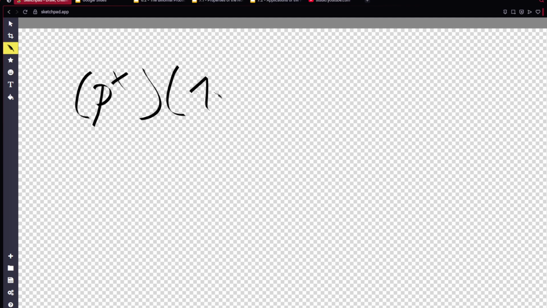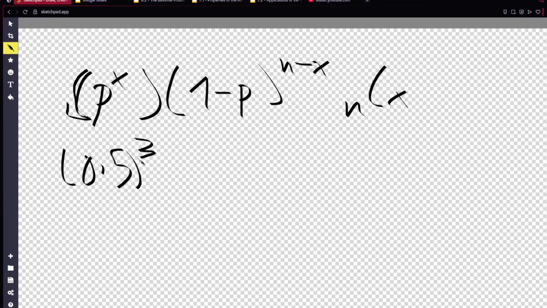p^x times (1 minus p)^(n minus x), times C(n, x). So let's go over here. Now p^x is the probability that, if we assume it's 0.5, people like candy, and we want 3 people to like candy.